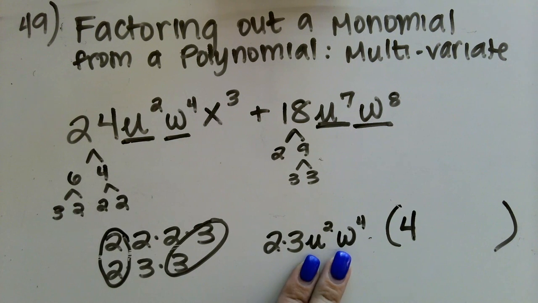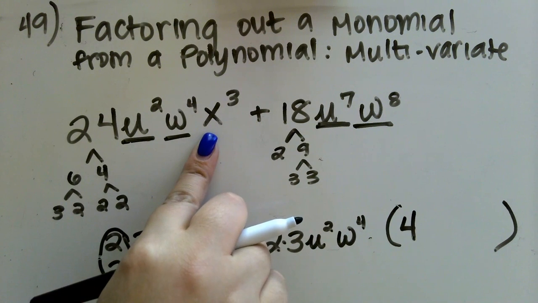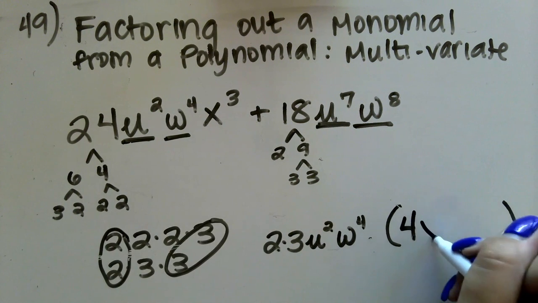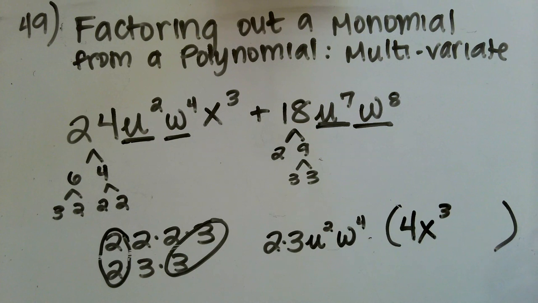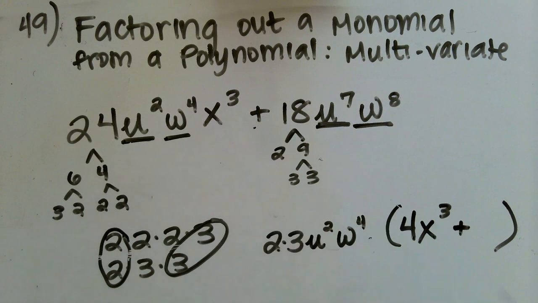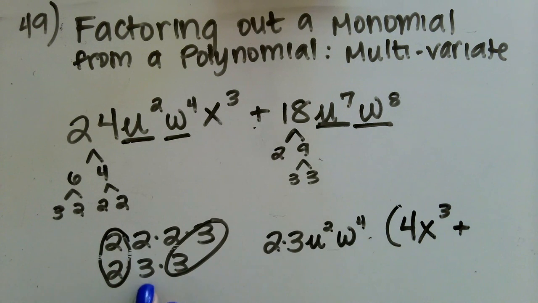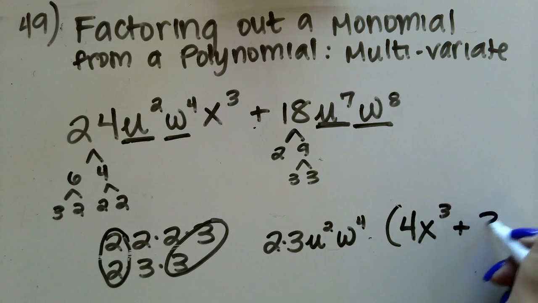We've already factored them out in our greatest common factor. But what we do have left over are our x's. X to the third. We're going to bring down that same sign that was in our original expression, and we're again going to repeat adding in our remainder here. All we have remaining is this 3 in our second term.